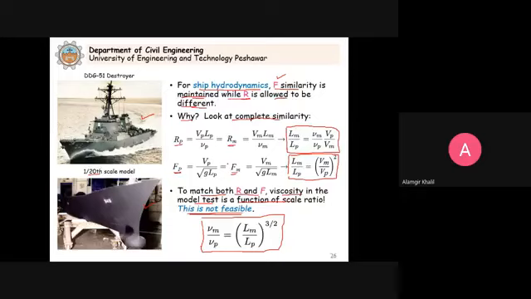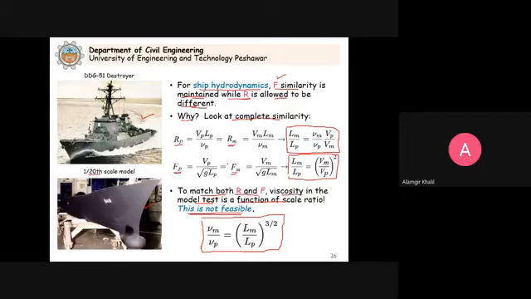The usual technique is to operate the model so that it satisfies one of the dimensionless numbers, which is the Froude number here, and then to correct the results with experimental data dependent on the other dimensionless number. So we first allow one to occur and then correct it for the other using experimental data.